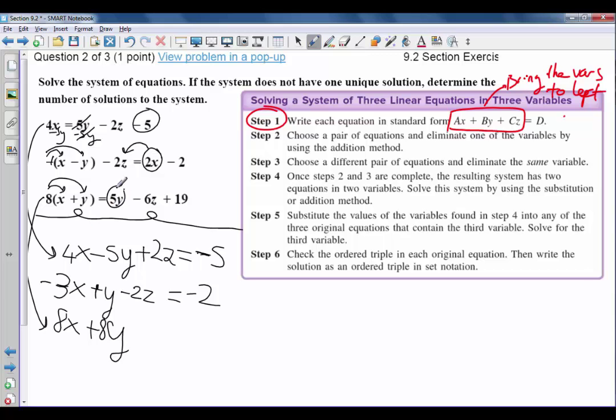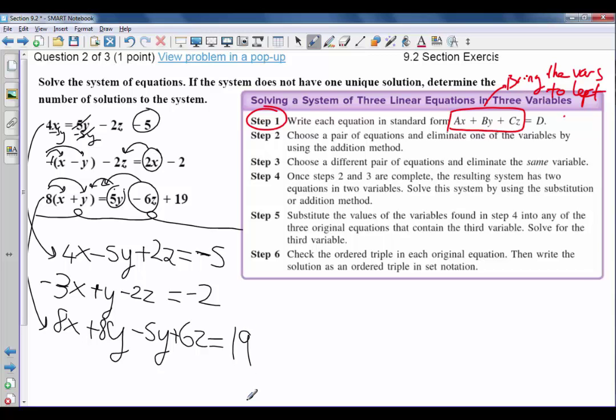And this is a jumper, goes to the left, minus 5y. This is another jumper, goes to the left as 6z. All together we have 19. Am I missing something?